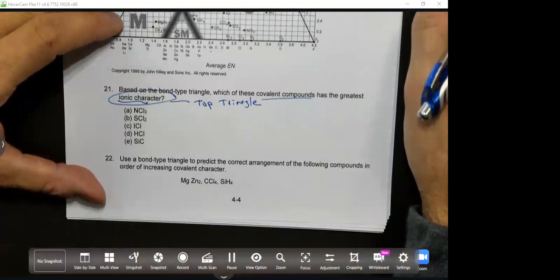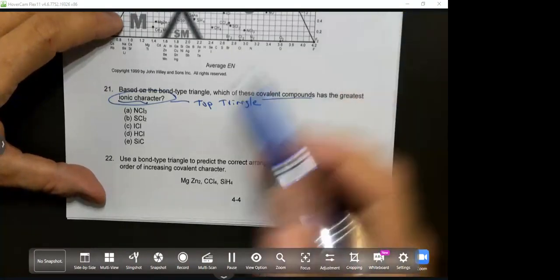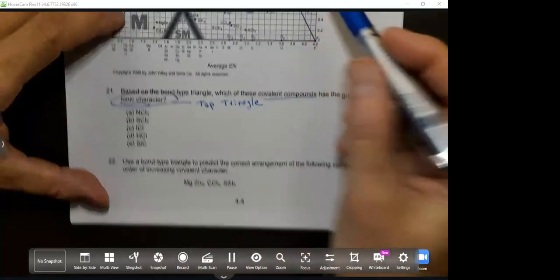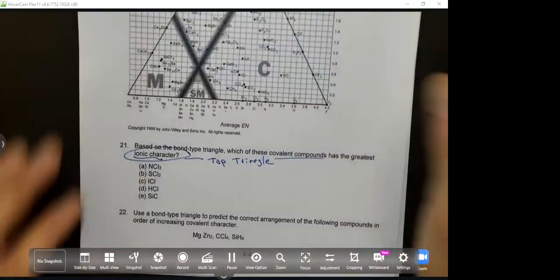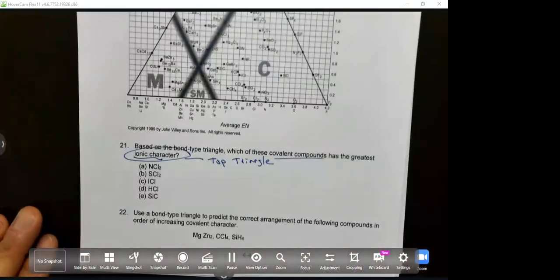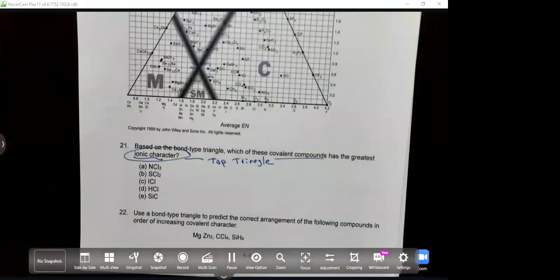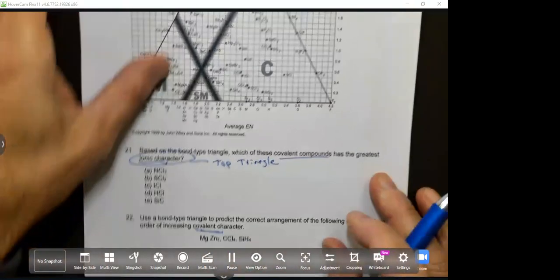Some of them are on here. I'm pretty sure you can kind of search, or if you do the electronegativity difference, you can come across on the y-axis, you might find them. I think they're on there. I don't think the top. You want to get to the top of the triangle. Which one of these in 22 has the greatest covalent character?